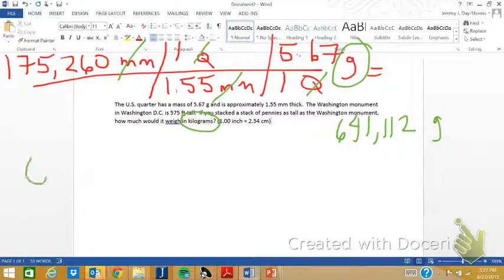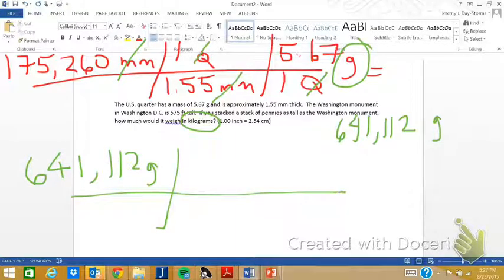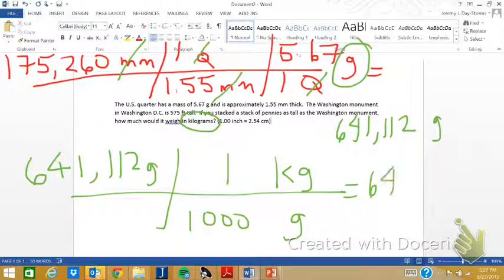So finally, you just take that 641,112 grams. We have to convert from grams to kilograms. 1 kilogram is equal to 1,000 grams. So this will be 641.112 kilograms. Now we worry about significant figures.